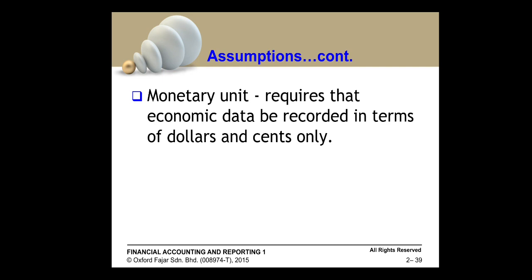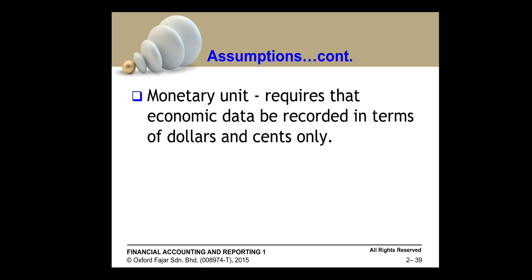For example, you record the building. Building is an asset. You can record that because building can be expressed in terms of dollar and cents. For example, this building is $400,000. So you can keep that in your accounting record because it has the value of dollar and cents.